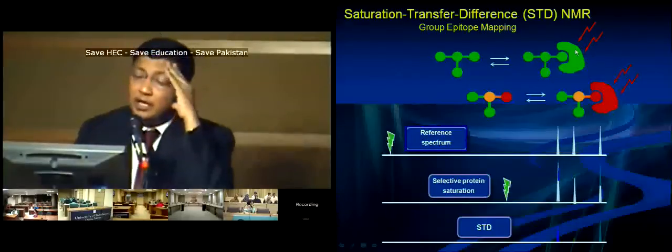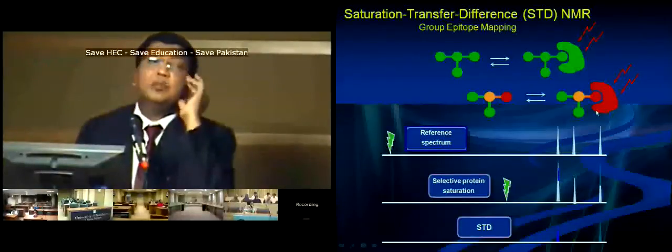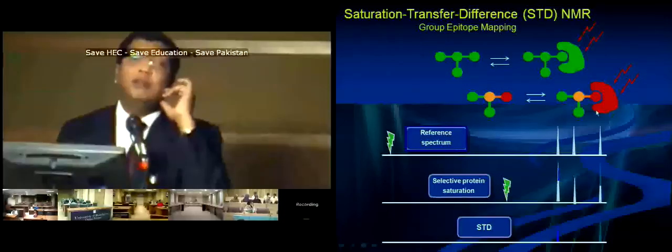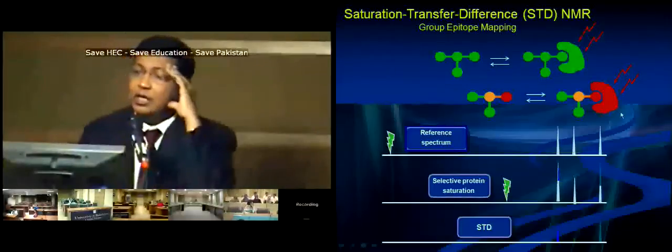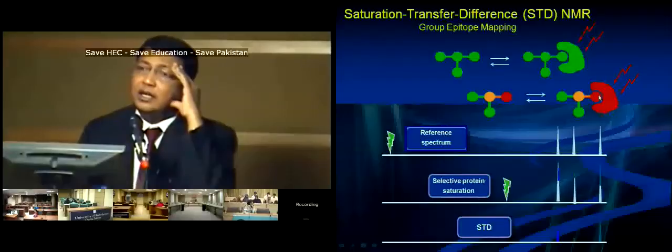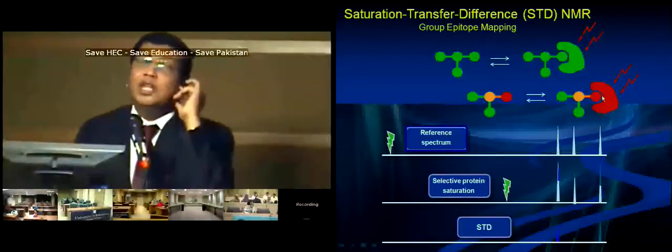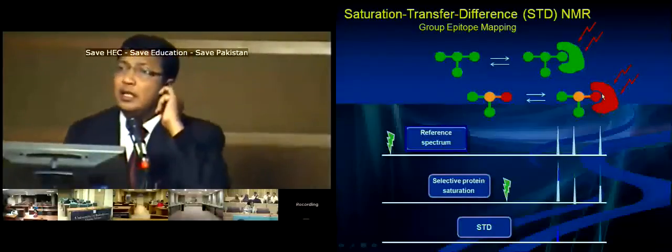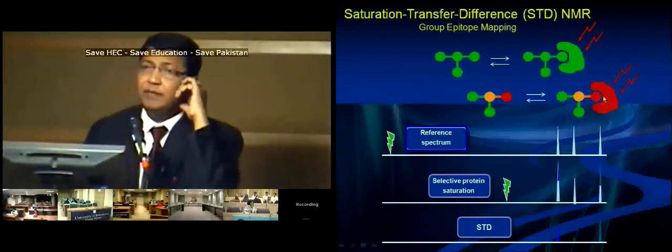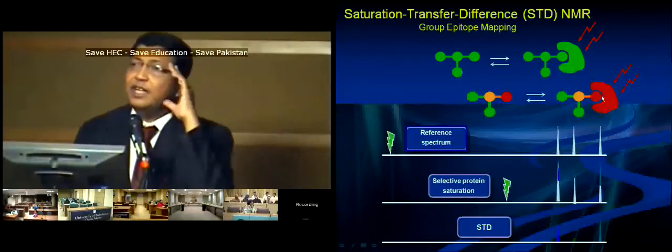You pre-saturate. As you pre-saturate, this energy propagates in the whole receptor molecule by spin diffusion. And then a part of this energy, based on the NOE, the nuclear Overhauser effect, closeness in space, is transferred. They are close, that's why they are affecting right at the active site.